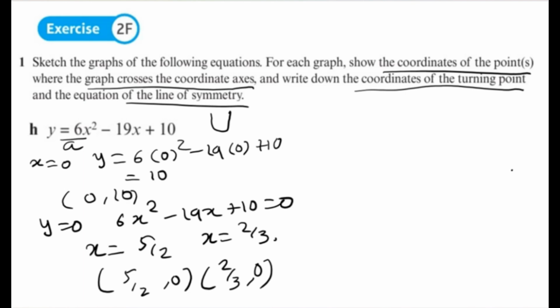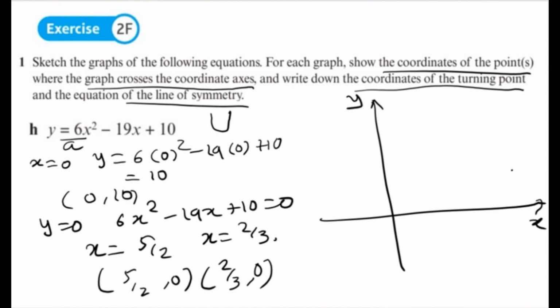Now to find the coordinate of the turning point, in the next part I am showing you. Before that, how to draw the graph. So this is our y-axis, this is our x-axis. This point which I am labeling is (0, 10), where my graph is intersecting the y-axis.